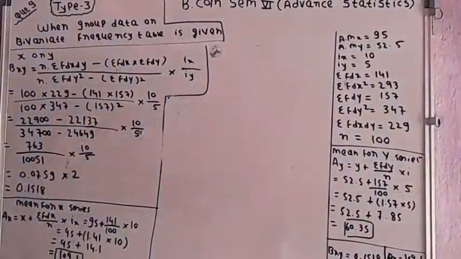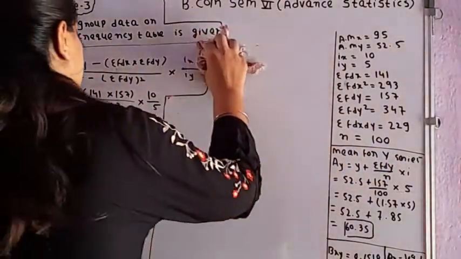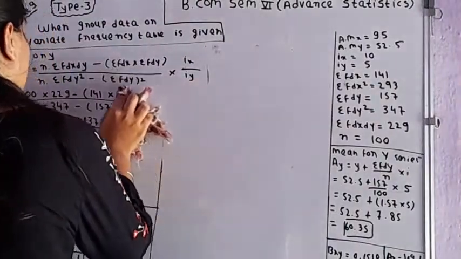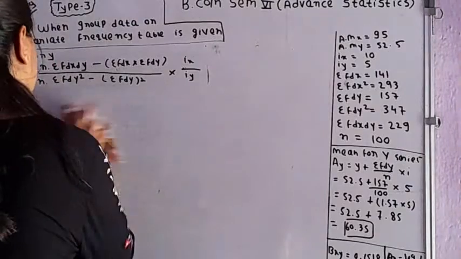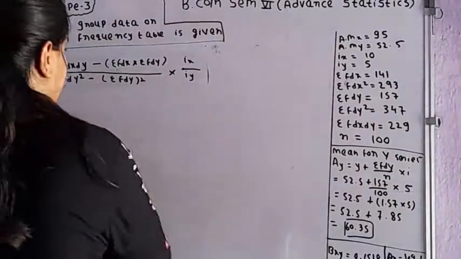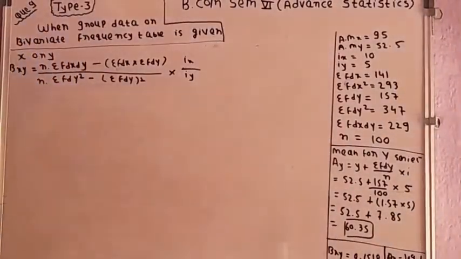109.1. Okay. Now we will compute the regression coefficient of y on x, because we have done this calculation for x on y.